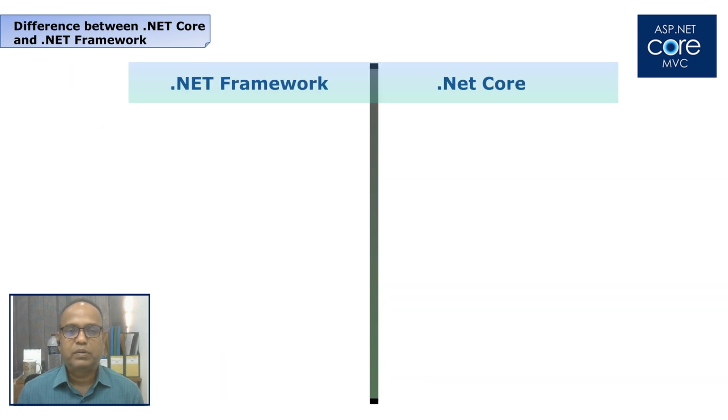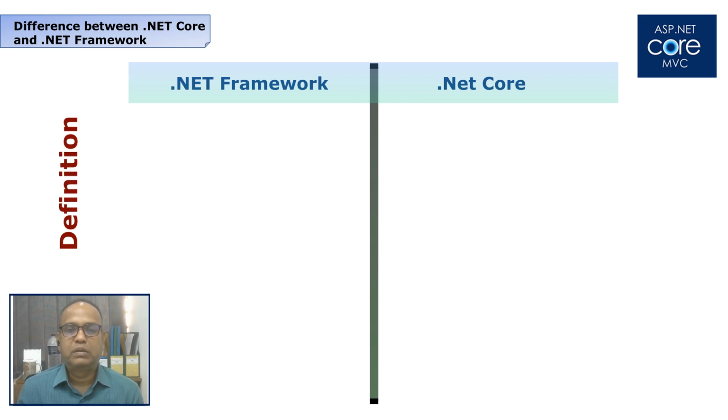Difference between .NET Core and .NET Framework. This distinction is important for developers when choosing which framework to use for their projects, especially considering the platform requirements and future-proofing their applications. .NET Framework.